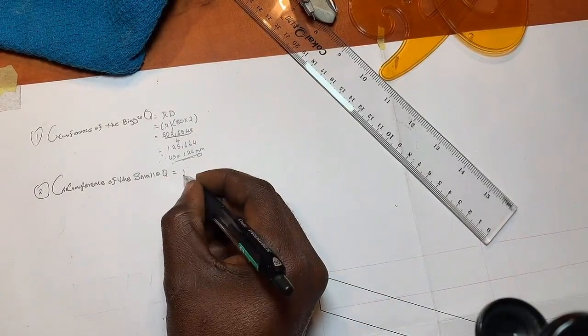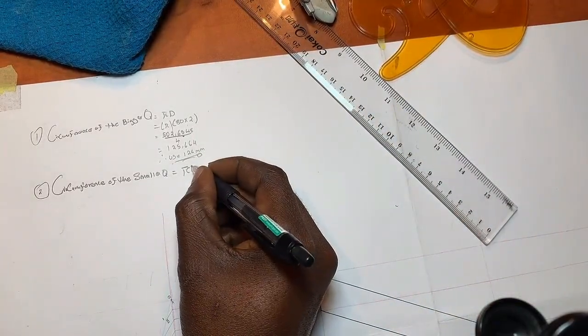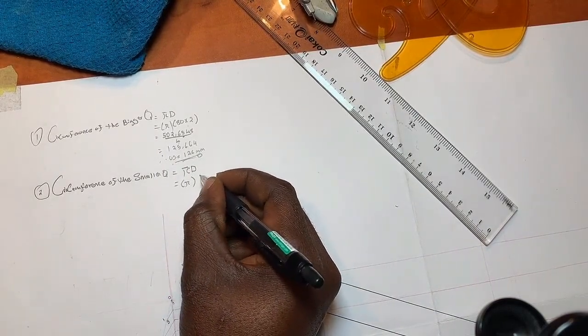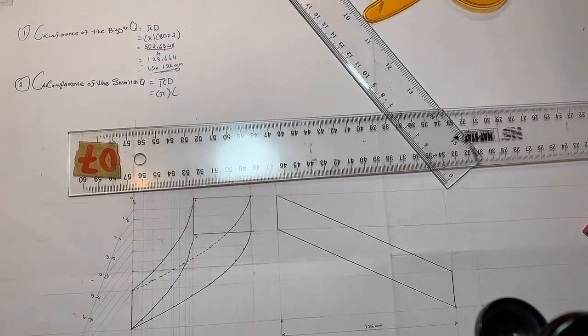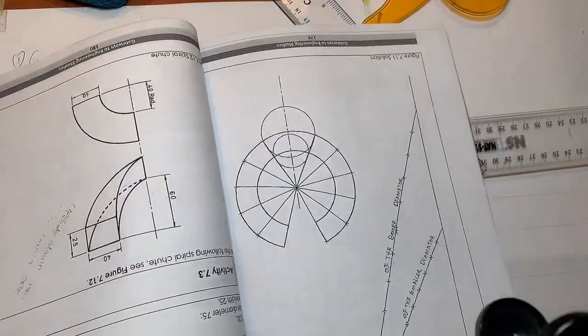Circumference is equal to pi times diameter. Then you know the value of pi, so substitute your d. So you come back to your 12.